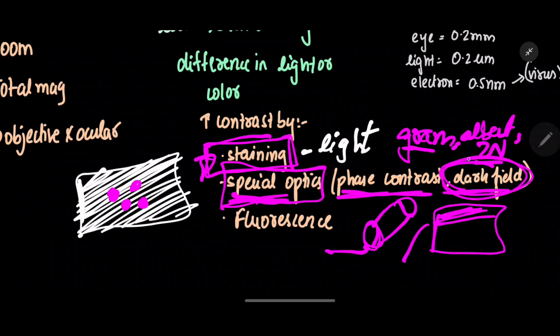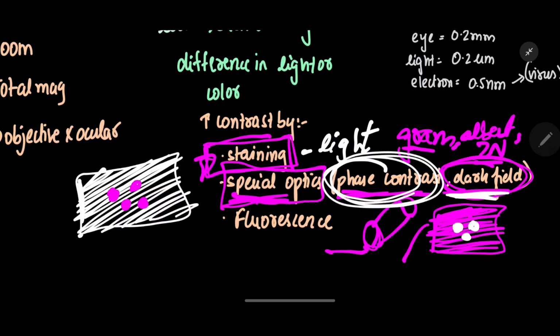Like in a dark field microscope, the background is completely dark, and your bacteria is just light and you can tell it apart. We'll look at the principle of how it works. And in a phase contrast microscope, the phase of the bacterium is enhanced. Again, we'll look at the mechanics of it.